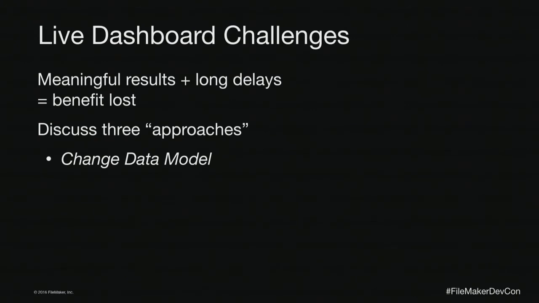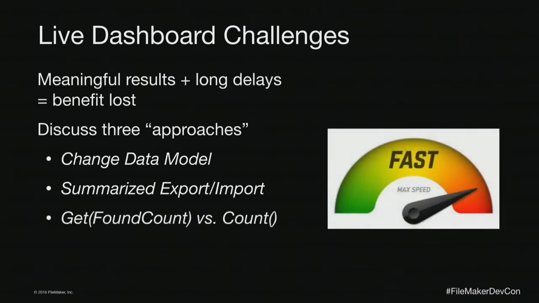And it's good for some circumstances and not for others. And we'll talk about a couple of those cases. We'll look at summarized import-export as essentially a very similar but alternative approach to accomplish some of the same thing. And then we'll look at using Get(FoundCount) versus Count, which is an extremely fast way of getting at counts, and we'll look at a couple scenarios there.